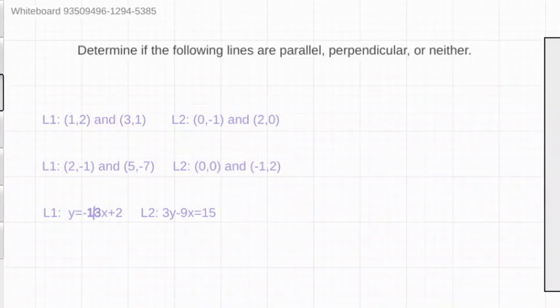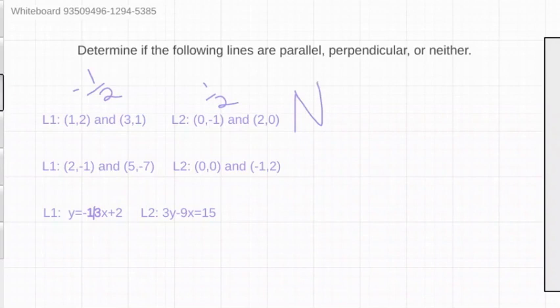Alright, determine if the following lines are parallel, perpendicular, or neither. Again, do this on your own and come back when you have an answer. Alright, so for this first line over here, 1, 2, and 3, 1, the slope is negative 1 over 2, and for line 2, the slope is 1 over 2, so this is neither.